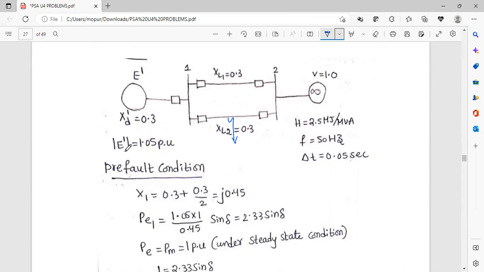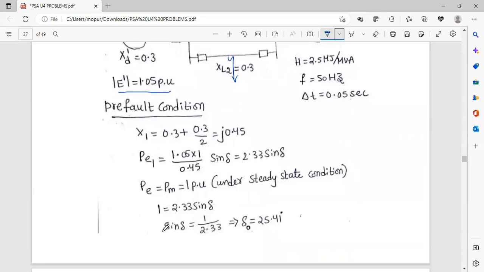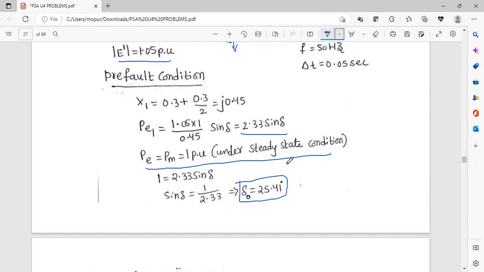Here in this problem, you no need to find E dash. They had directly given E dash, so you can directly find the PE. And if PM is not given in the problem, in the previous case they had given PM equals 0.8. If PM is not given, you can take PE equals PM, which equals 1 per unit under steady state. So from this, you can find the value of del naught. This is the power angle equation for pre-fault condition.